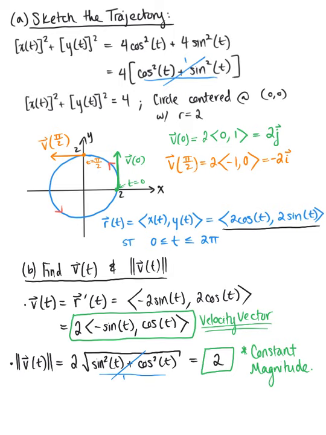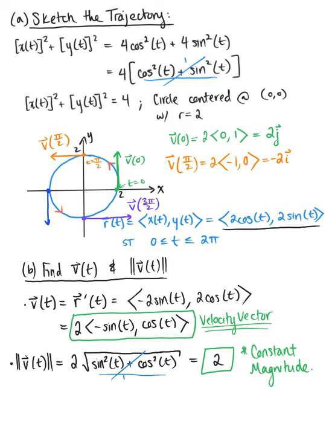And we can continue doing this. We can see that at every point on the circle, the velocity has a different direction. And I should have labeled this. So this point here that we just drew in purple, that's your velocity vector at 3 pi by 2. So it's a vector of length 2 pointing in the positive x direction.